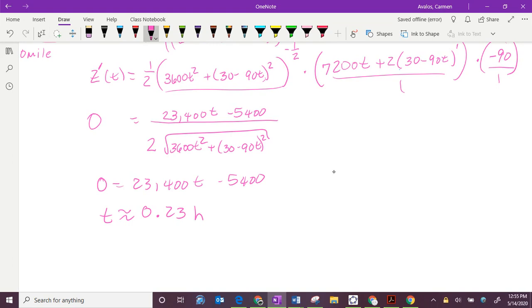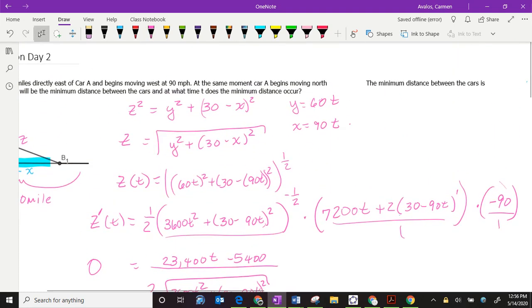So being able to answer the question is that we know at time equals to 0, y is equal to 0, x is equal to 0, and z is equal to not 0, but 30. Because if we go back on here, when we have this value here, if x is 0 and y is 0, then we're going to get 30 left over.